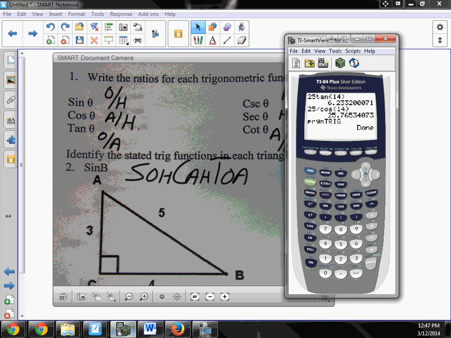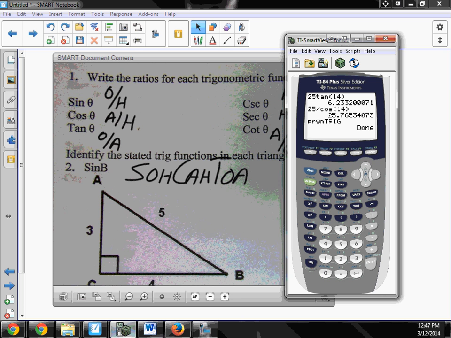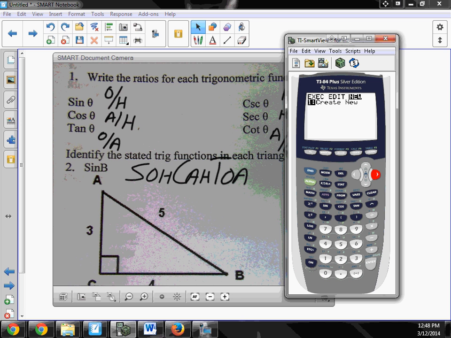You can program it. I don't know how. So just, well, I'll show you the basics. It should be the same. Okay, push program, go over to new, hit enter, and type in trig.